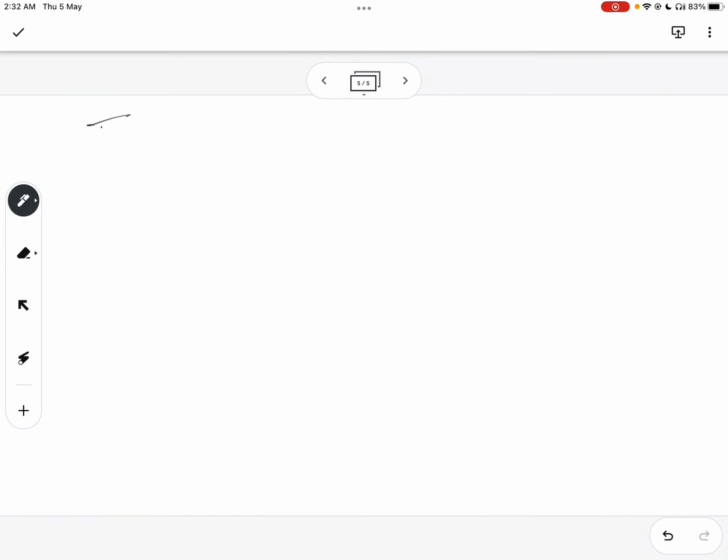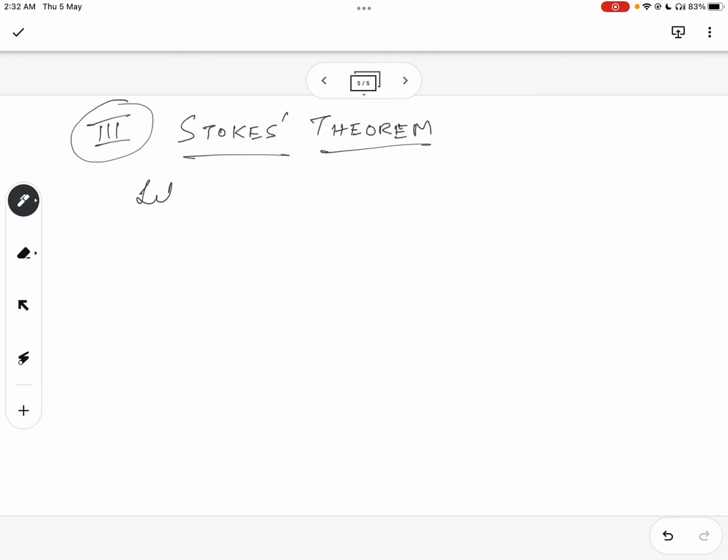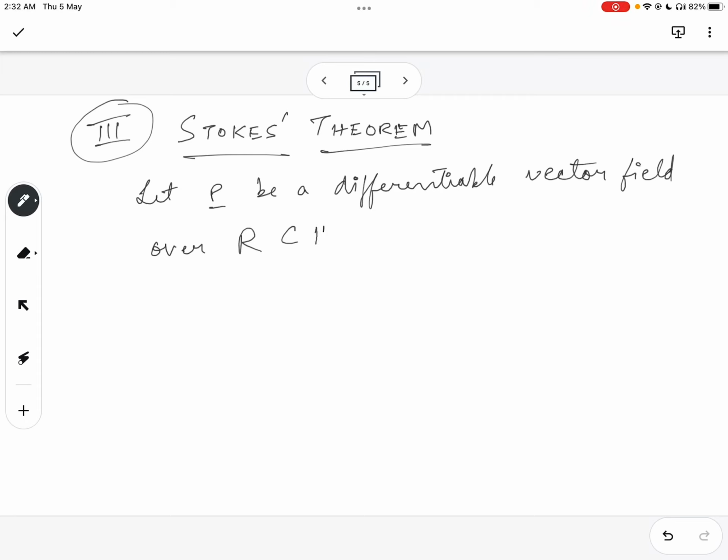Let's come to the last of the integral theorems, which is the Stokes theorem. So let P be a differentiable vector field over R, again defining a region R, a subset of three-dimensional Euclidean space.